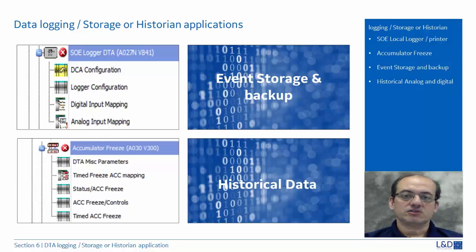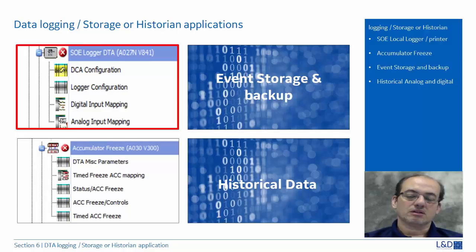And change of state with time, which means you can put it in sequence, so every change of state that takes place is logged into a historical database and event database. You can look at it, and then you can sort the events by time. That's a sequence of events, so it's referred to as SOE.